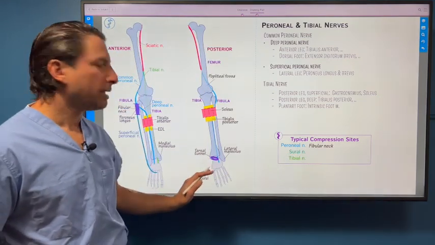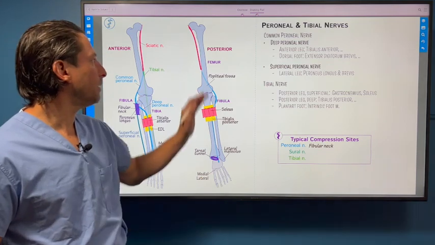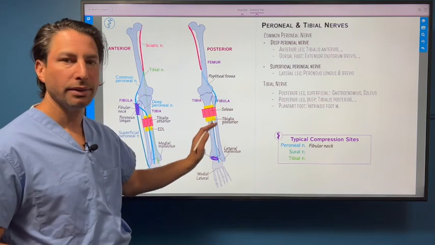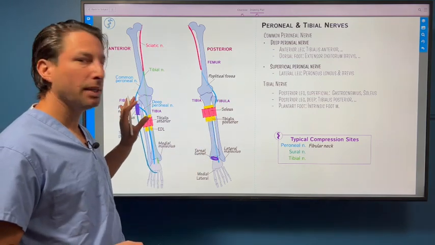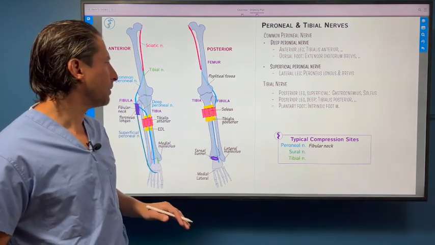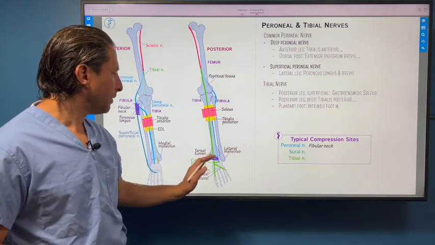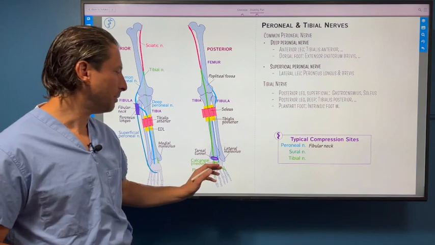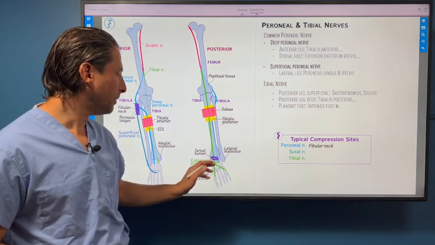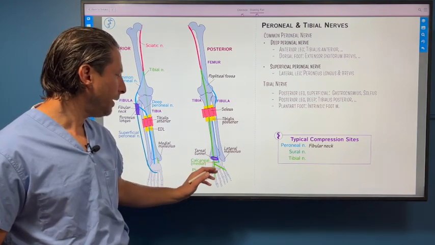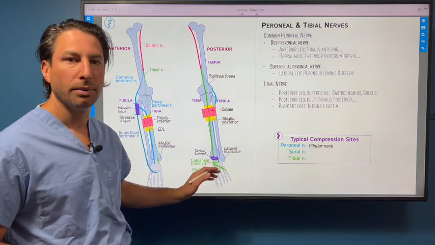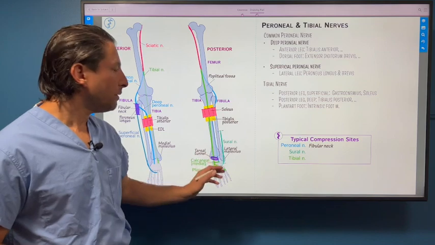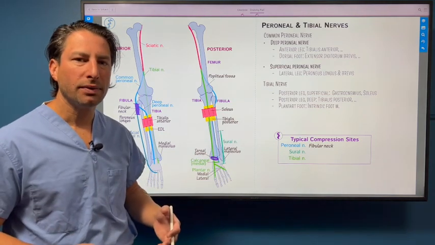From the posterior aspect of the lower extremity here, here's our sciatic nerve coming down. We already established what our peroneal nerve's doing, but it's going to be in the anterior aspect of the lower extremity. The tibial nerve comes down here, tarsal tunnel. This is a key potential compression point for the tibial nerve. And you can see some of these sensory and motor branches distal to the tarsal tunnel. And then the sural nerve, this is an important sensory nerve.